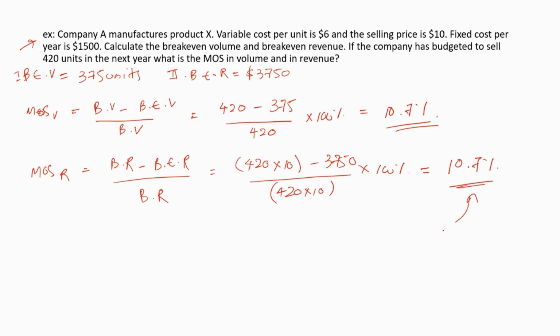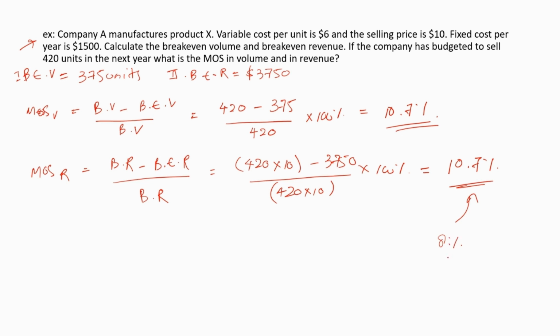You have to understand what this 10.7% is. This is the percentage of budgeted sales or budgeted revenue that can be declined before the business starts to make losses, which means they have a margin of safety of 10.7%. Let's say the budgeted sales declined by 8%. Are they safe or not?